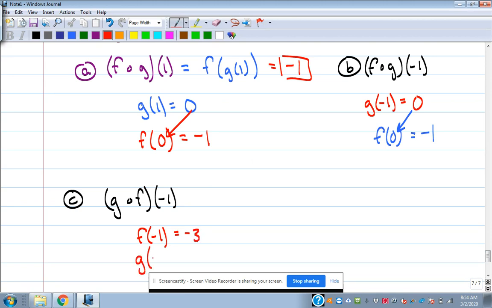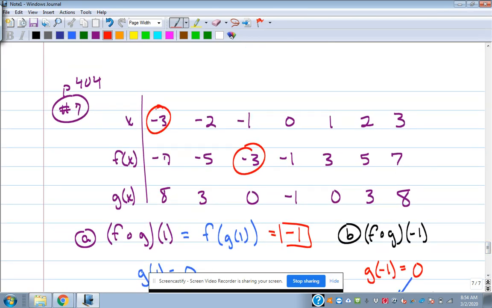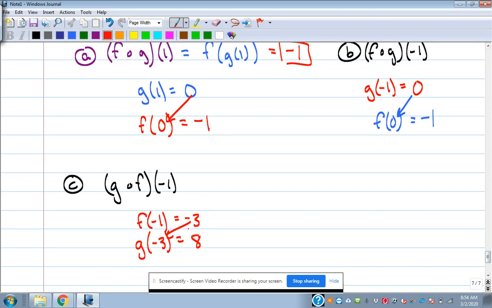And then go into the g of x function with negative 3. That gets us 8. We're tracing through. Always start with the second function listed. Use that x value that they give you. Get the answer to that. Use that as the next x value.